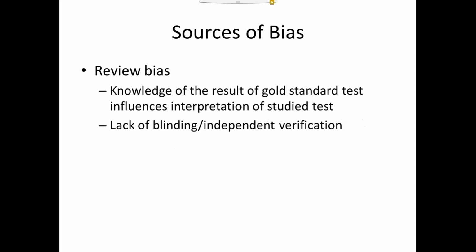Another potential source of bias, and a big one in retrospective studies, is that knowledge of the result of the gold standard test influences the interpretation of the test under study. So if you know the result of the biopsy, you read the chest X-ray in a different way. And this is purely because of lack of blinding and lack of independent verification of the gold standard.